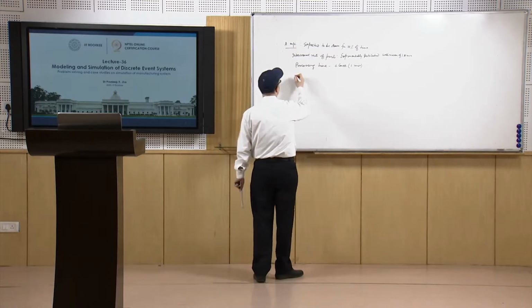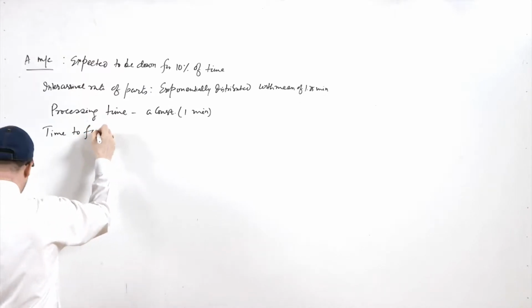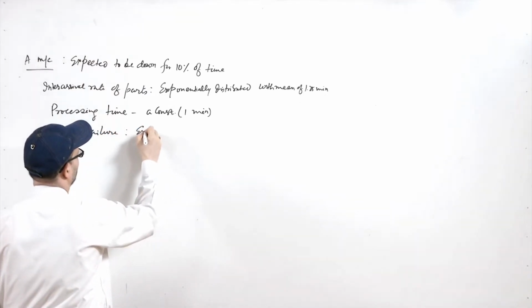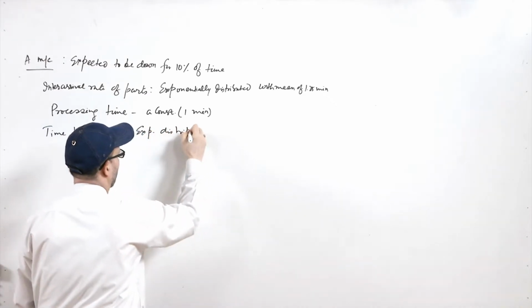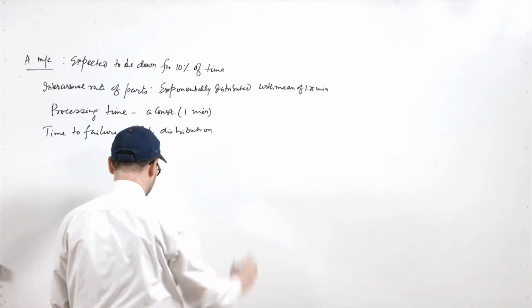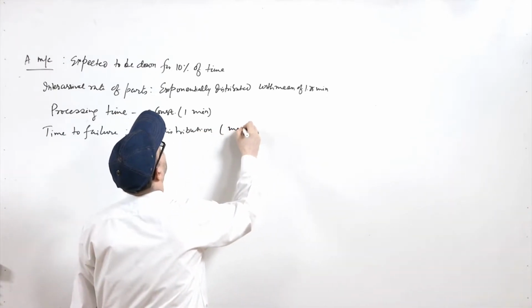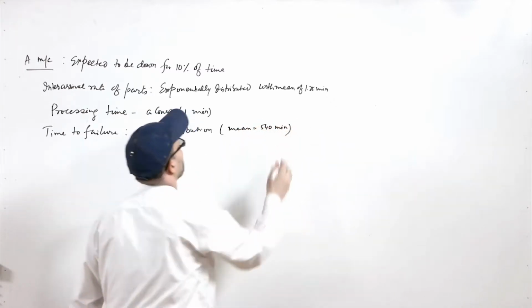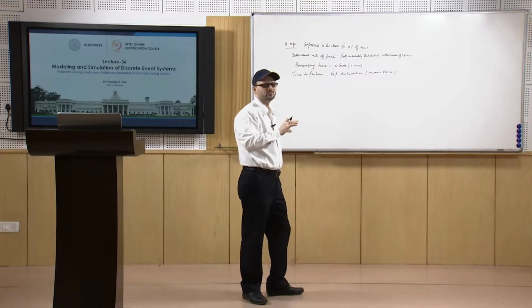Now, time to failure is said to have an exponential distribution, and here the mean time is 540 minutes. It means that for about 540 minutes the machine will be up.